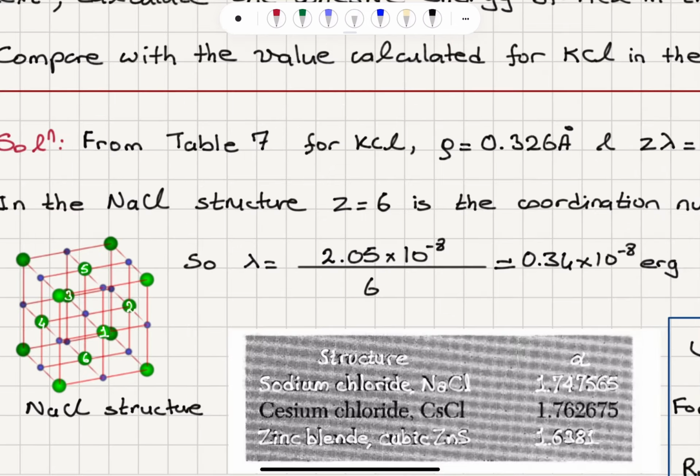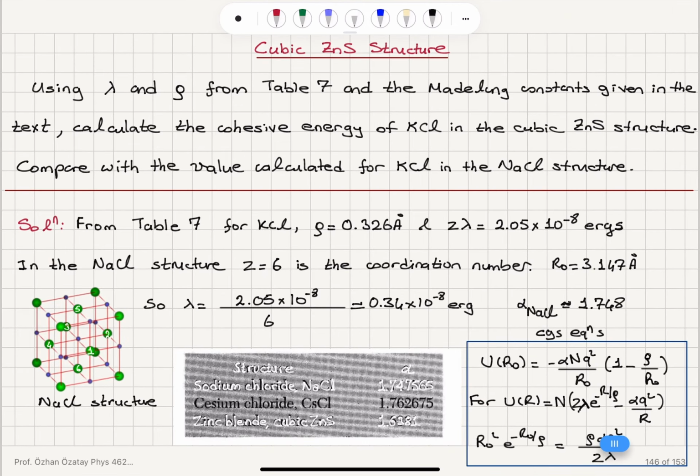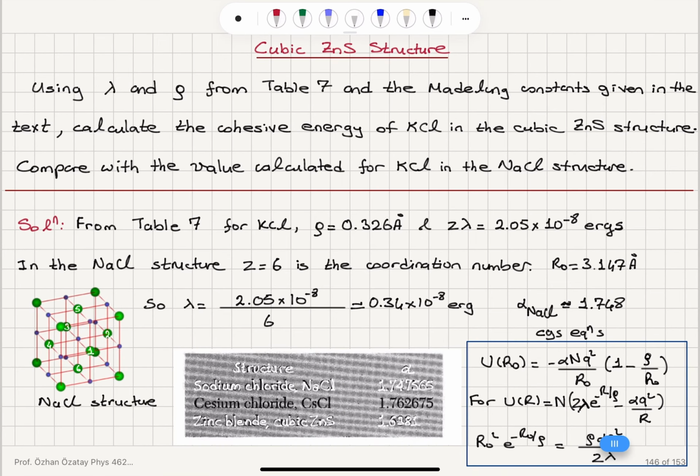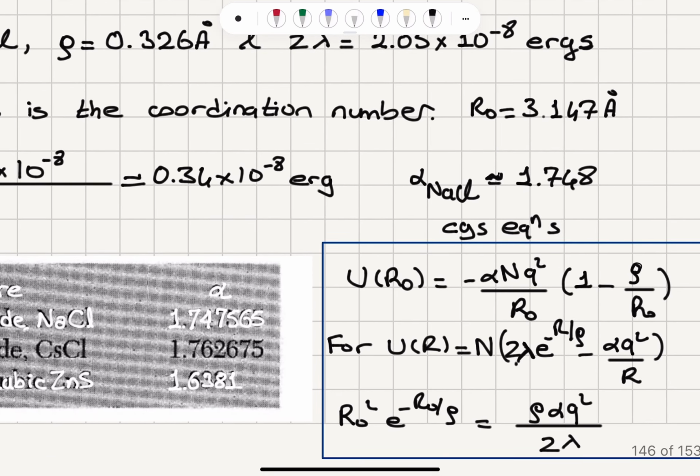And in the sodium chloride structure, we note that the coordination number is 6 and the Madelung constant, given in the text, is 1.747565 or approximately 1.748. And we have these CGS equations.